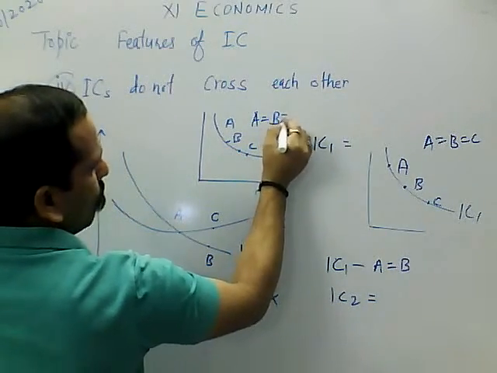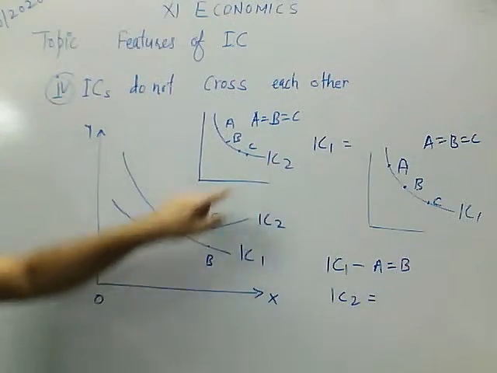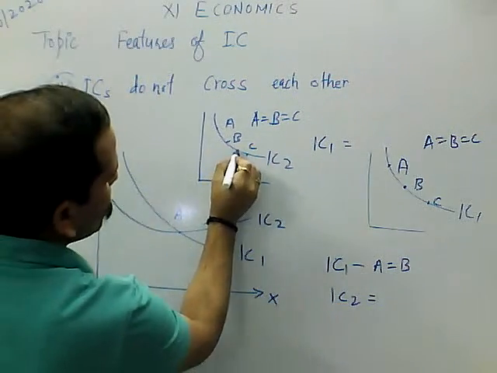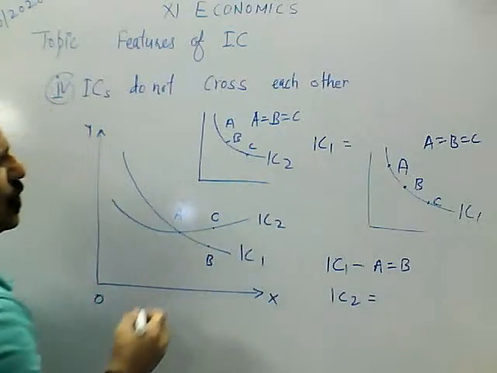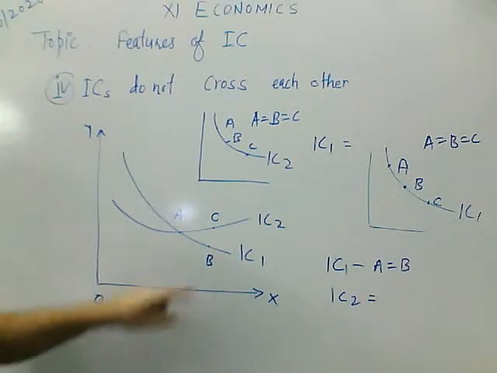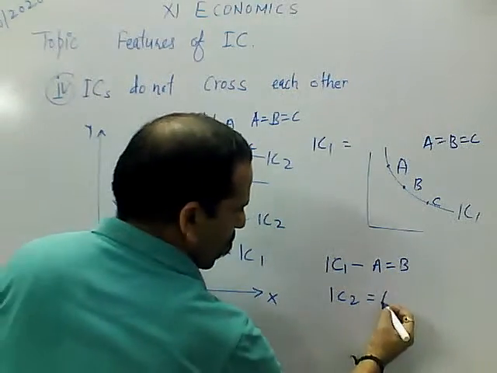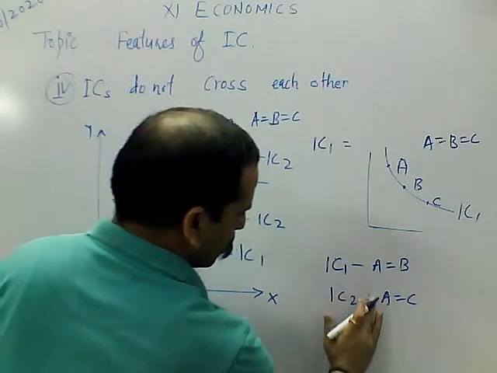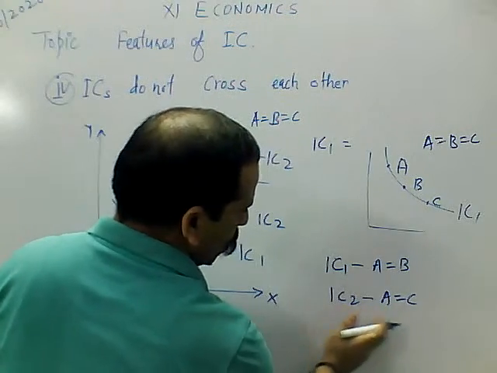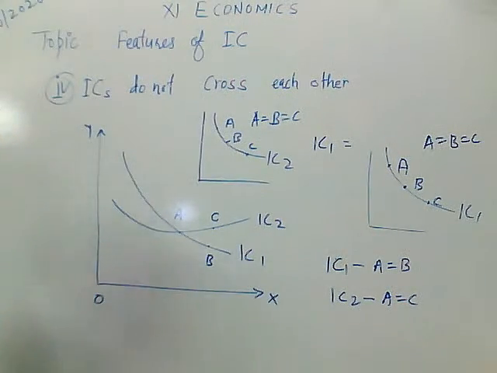A is equal to B, B is equal to C. It means A is equal to C. Understood?